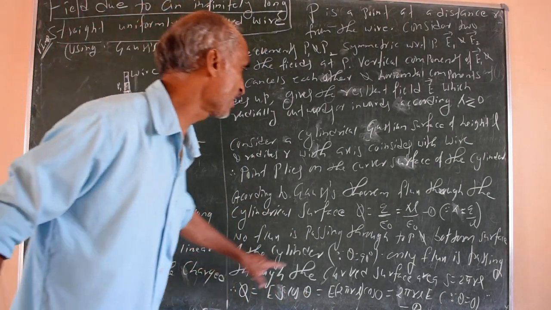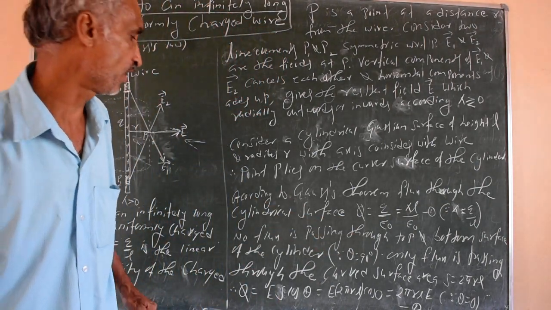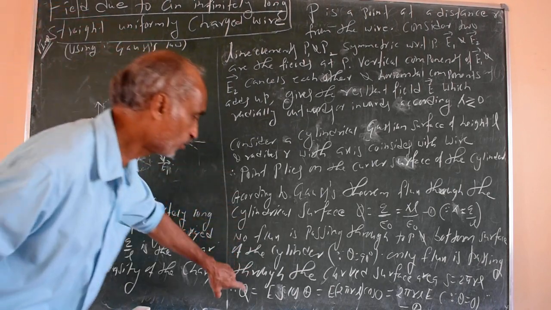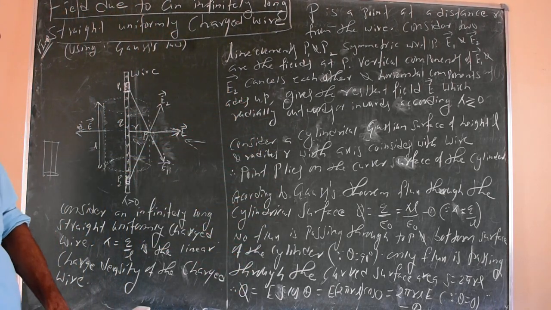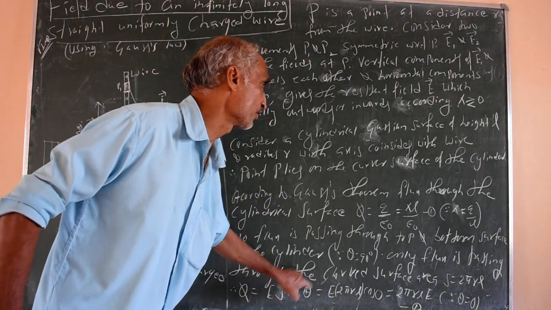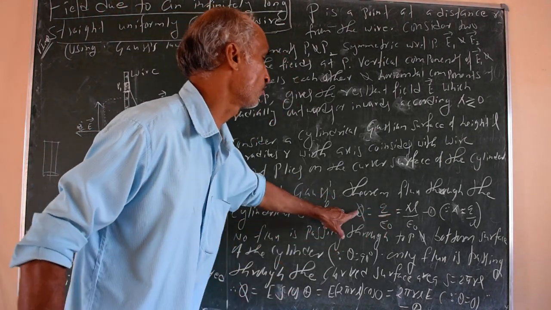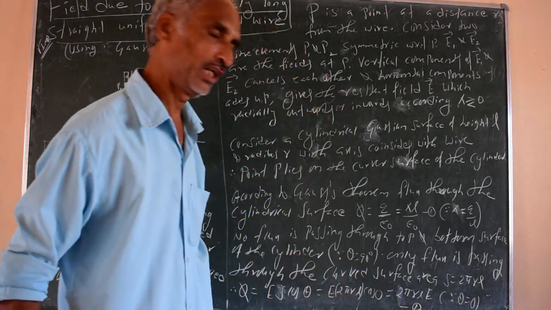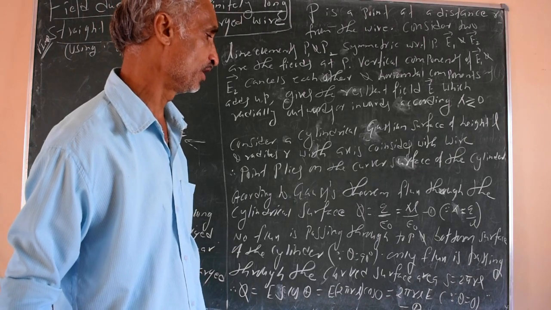Then both the fluxes are equal. By equating both the fluxes, it is also phi, flux through this cylindrical surface. Therefore, ES cos theta is equal to ES cos theta. Here the surface area is 2 pi r into L, and theta I have taken as 0. Later on, we will explain why it is 0.